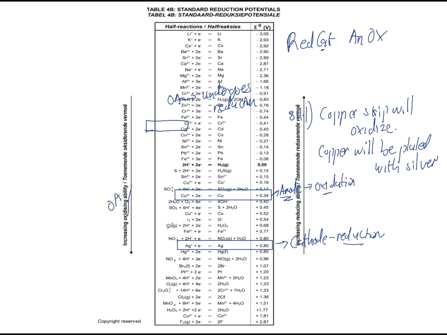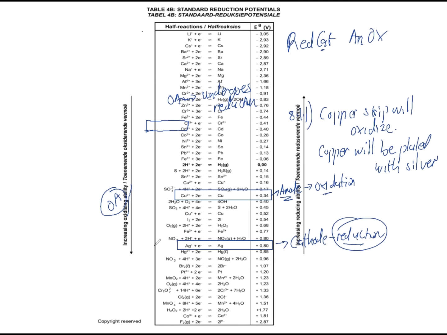And at this point here, we can see that from above to below, that's where we have an increase in the oxidizing ability. That means the more we go down the 4B table, the stronger the oxidizing agents are. So the oxidizing agent always has to be observed on the cathode, because that's where reduction takes place. But the oxidizing agent is always the one on this side here.